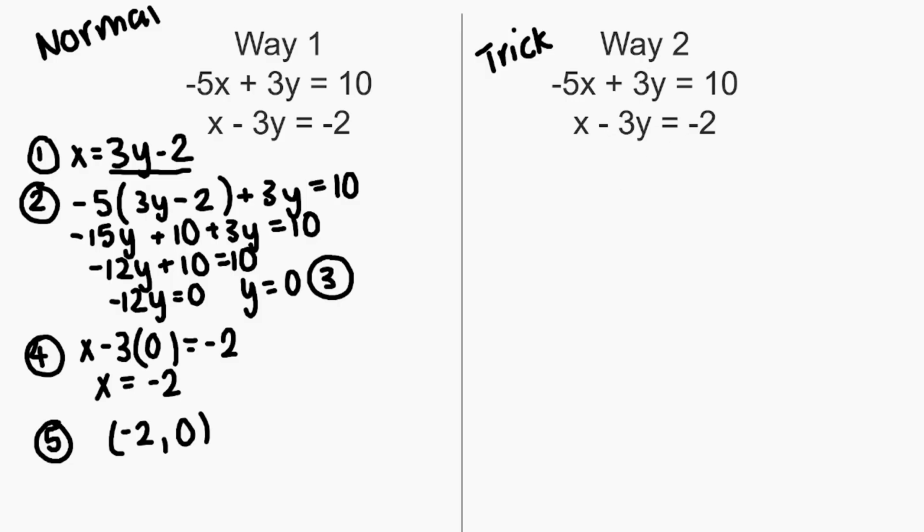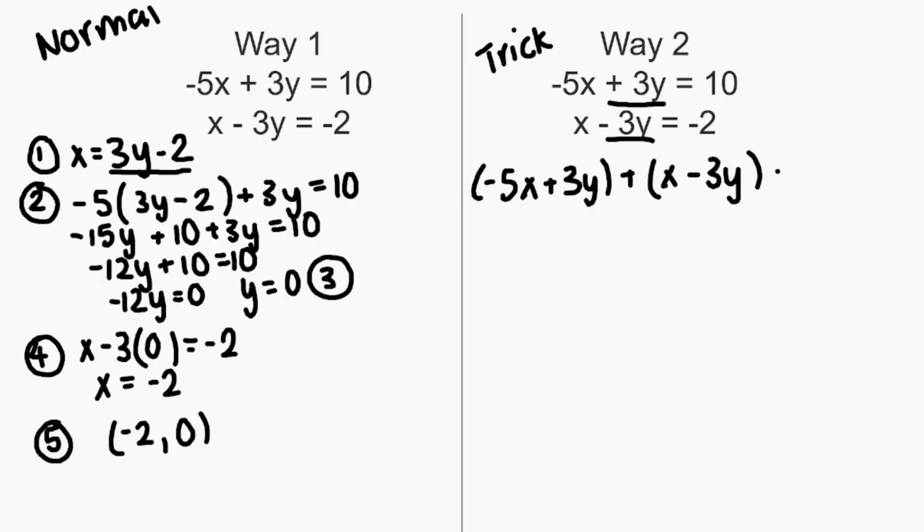If you've noticed, we have a positive 3y here and a negative 3y here, which can kind of cancel out if you decide to add the two equations together, which is exactly what we're going to do. So, for example, if we add these two equations together, we can get negative 5x plus 3y plus x minus 3y. And what is this going to equal? It's going to equal 10 plus negative 2.